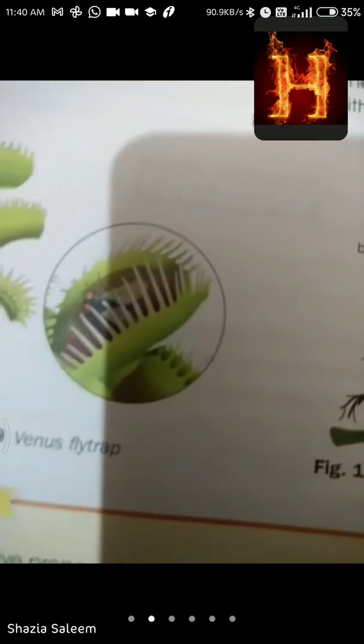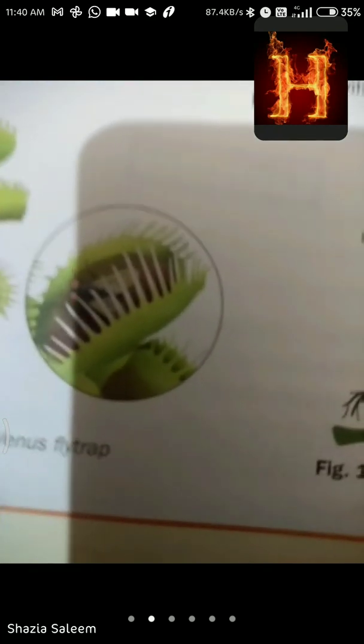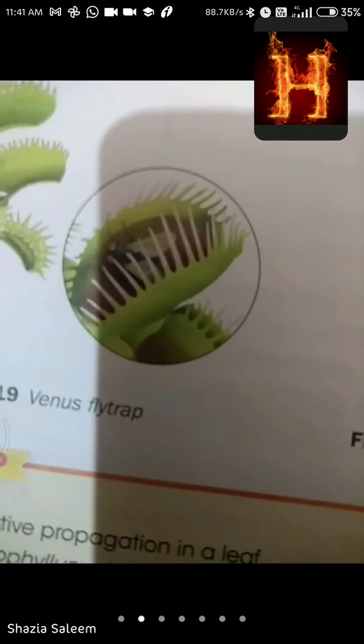They close, and when the insect is digested completely, they open again. So here also a continuous process of closing and opening is going on. Whenever the insect sits, it closes automatically and the insect is digested inside. It releases some digestive juices, and when the digestion is completed, what happens?